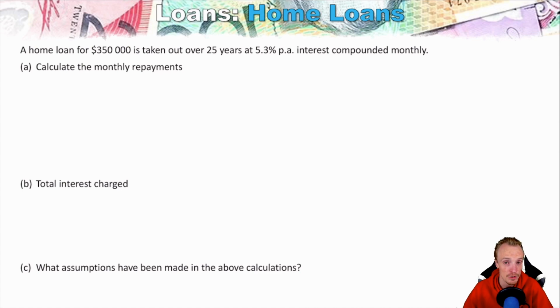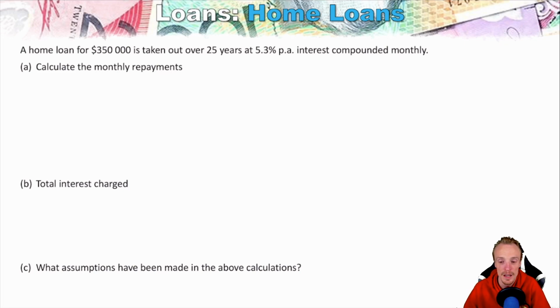However, the total interest that you repay is considerable because the original amount of money that you're borrowing is so large, and how long you're taking to reduce that balance is also quite lengthy. So that's something to consider when we're working through this.